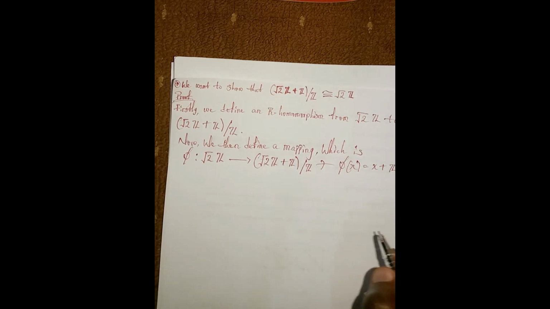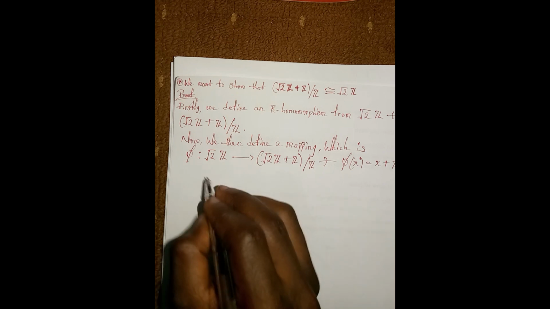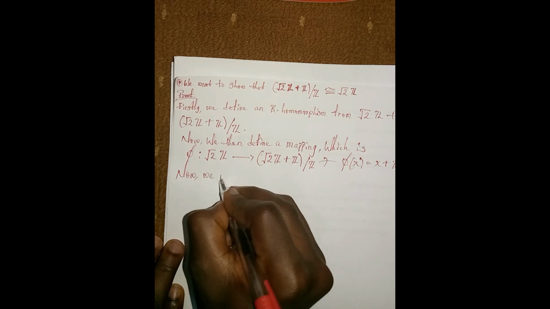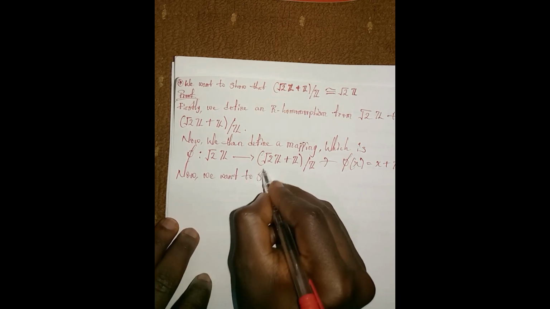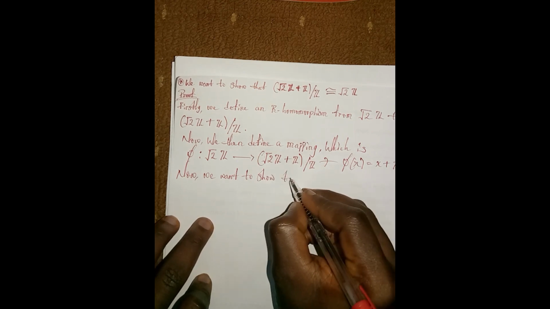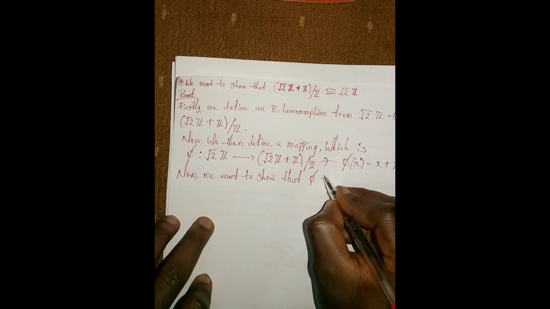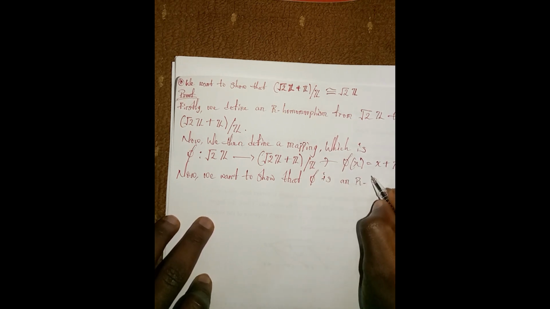Now once we've defined this mapping, we want to show that phi is an R-isomorphism.